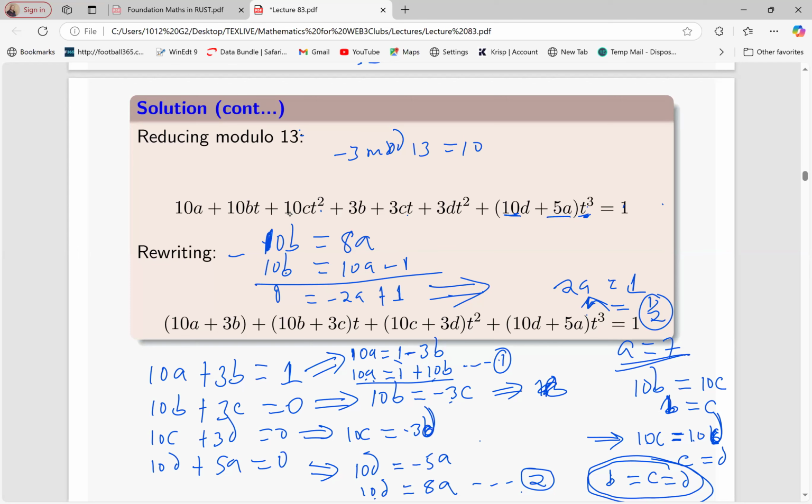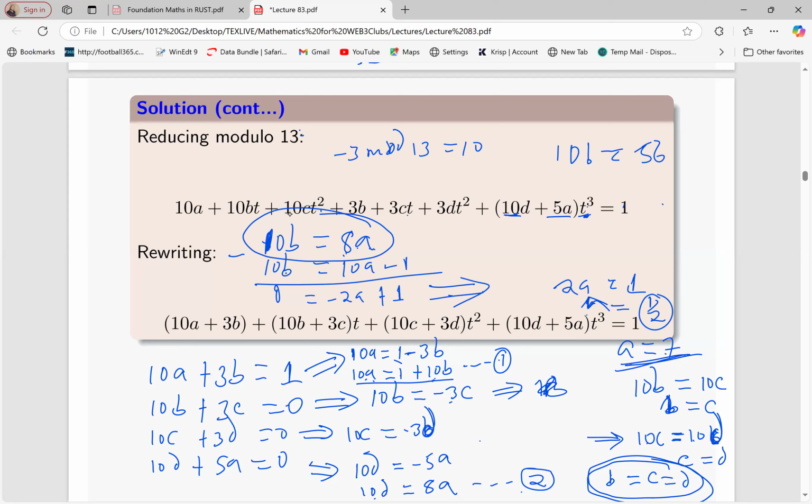Once you have a as 7, you can get b. You come back here and get b. Because a is 7, 10b is 8 times 7, which is 56.